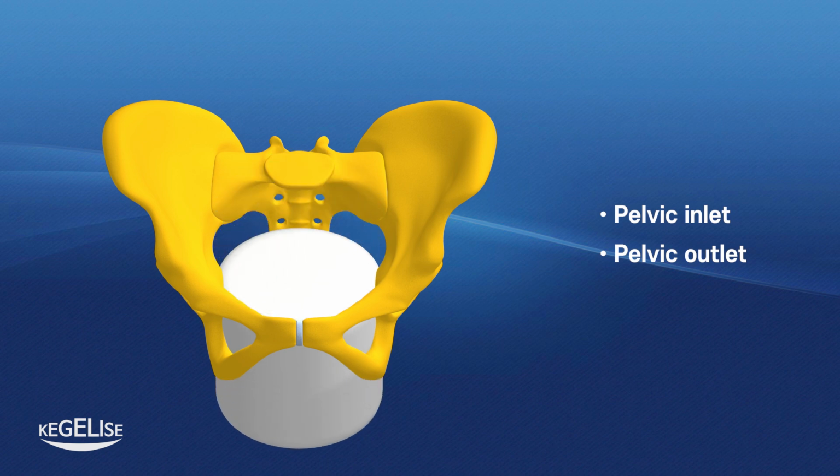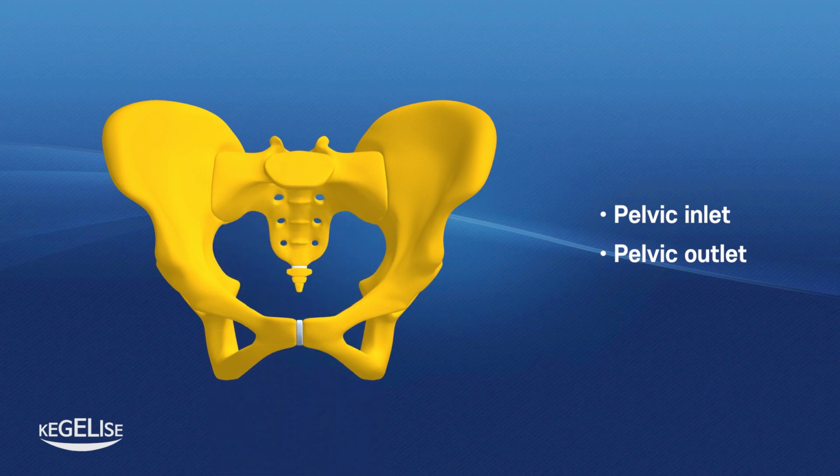Assuming that the cylinder passes through the pelvis from top to bottom, the entrance is called the pelvic inlet, and the exit is called the pelvic outlet.